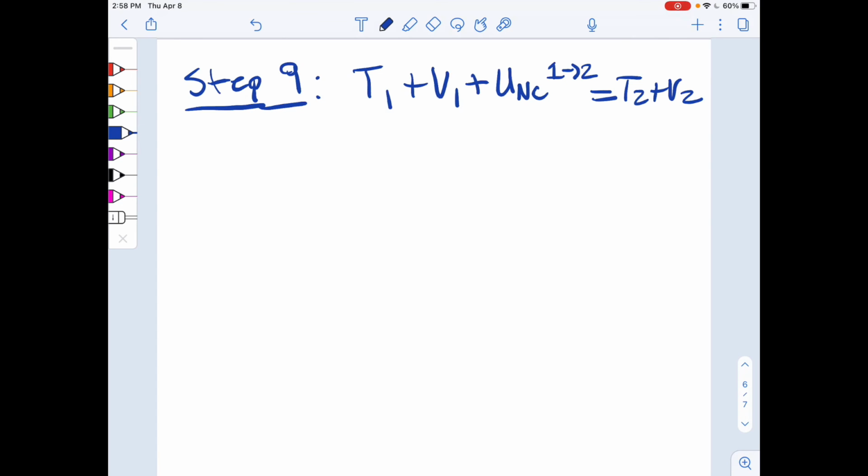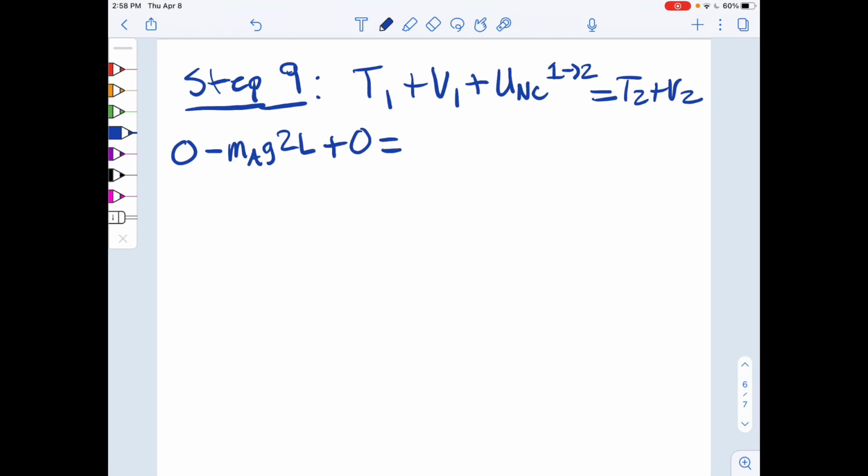So we've already solved for most of these in previous steps, so we're going to plug them in and then solve symbolically for VE. So when you do this, T1 would be equal to 0, V1 would be equal to MAG times 2L, and our work done by non-conservative forces, as we previously stated in step 8, was 0 since there is no friction. So that would also cancel out.